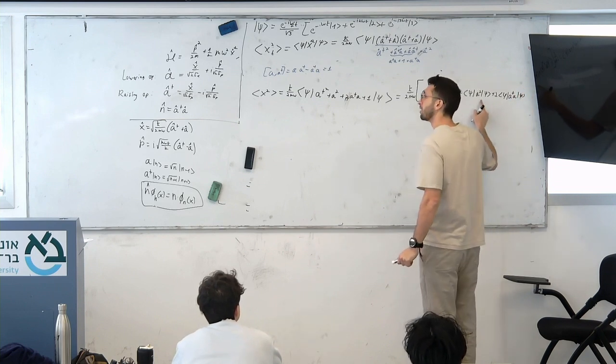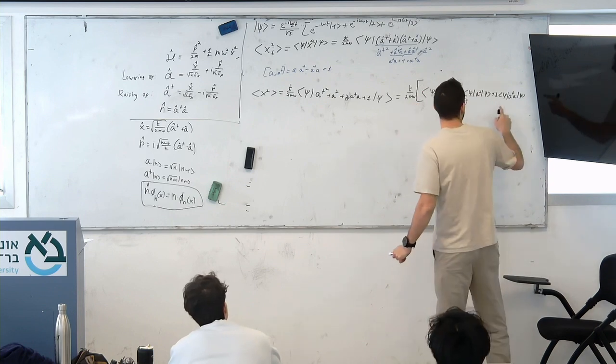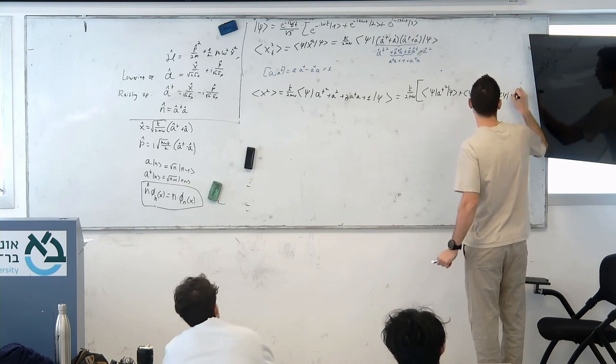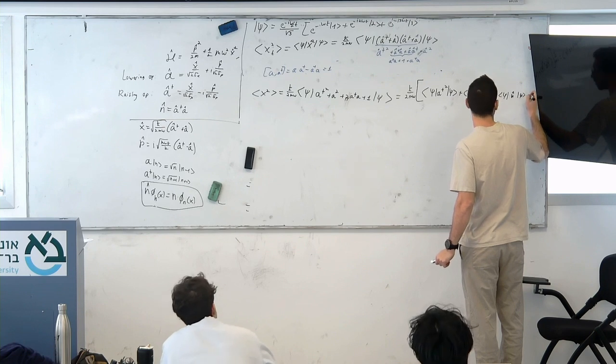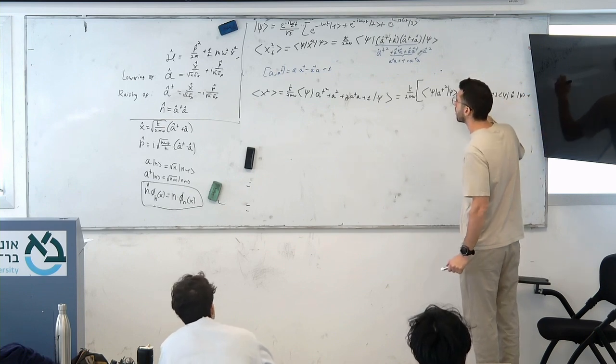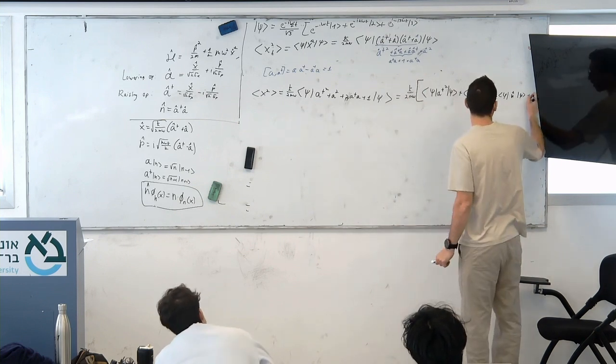A dagger a is familiar from somewhere. N. N psi, plus, and we have psi psi, which is 1.